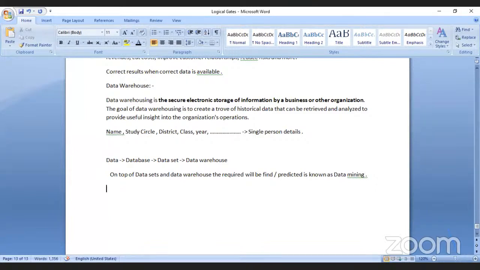Basically, it is a process performed on a data set or data warehouse. I hope it is clear. Anyone having any questions, let me know.